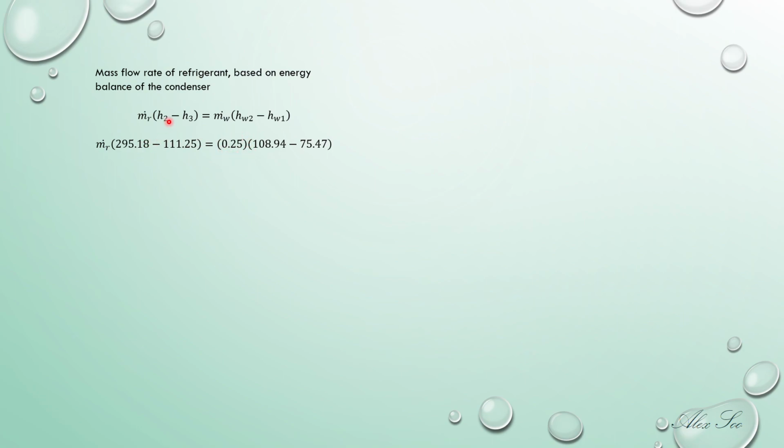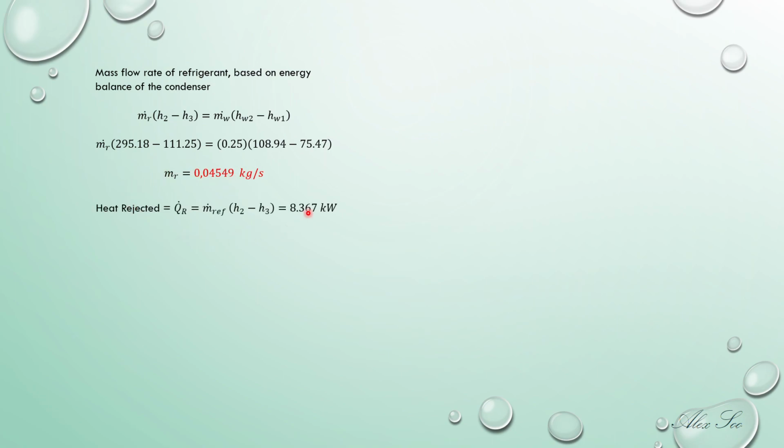So we have actually found the H2 and H3, and hW2 and hW1, by referring to 18 and 26 degrees C for water. From this, you will be able to find the mass flow rate of refrigerant, m dot subscript R, which is 0.04549 kg per second.